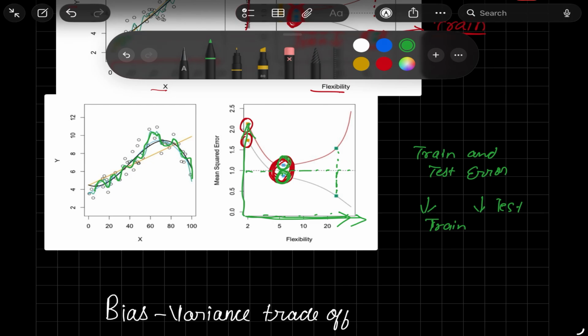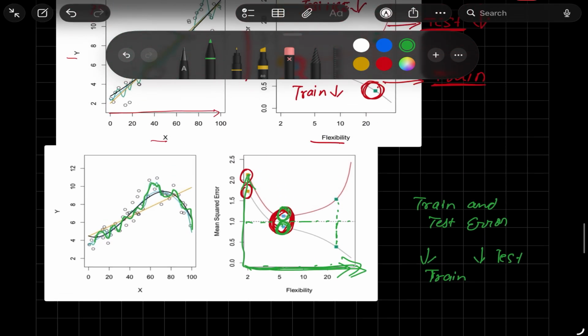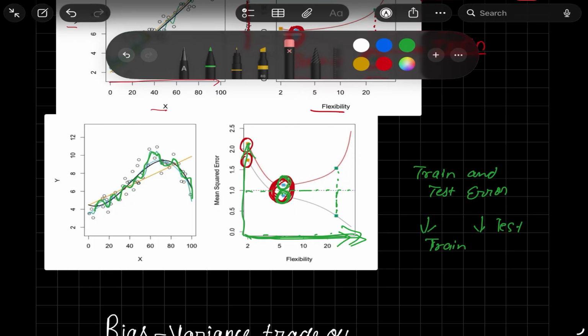And if the performance of our model decreases, the worse it gets. So we have to take care that as the flexibility increases, the MSE should not increase. That's why we use different models, different approaches.